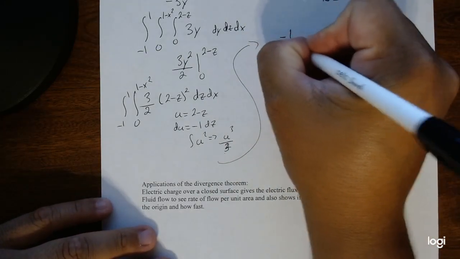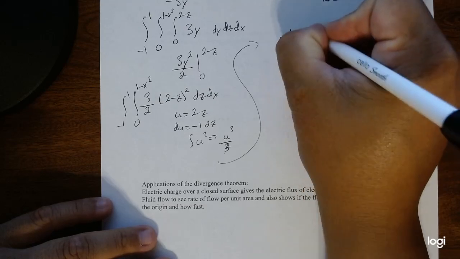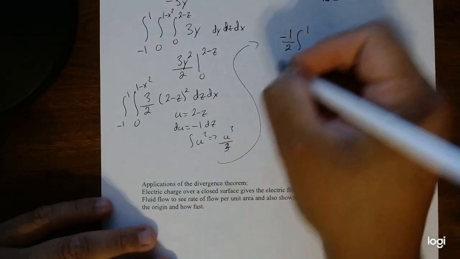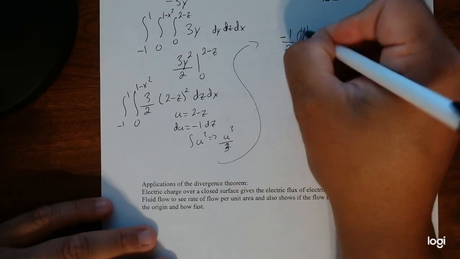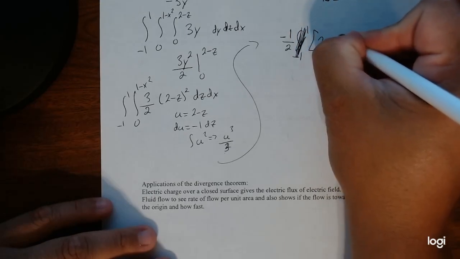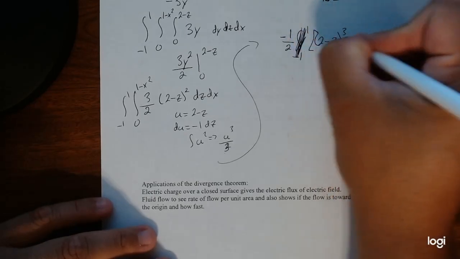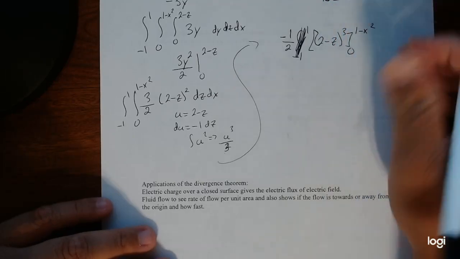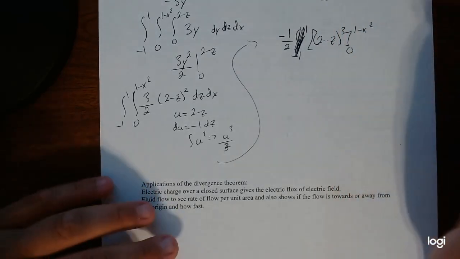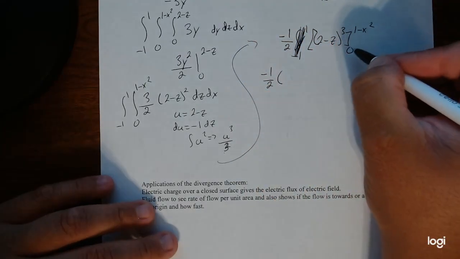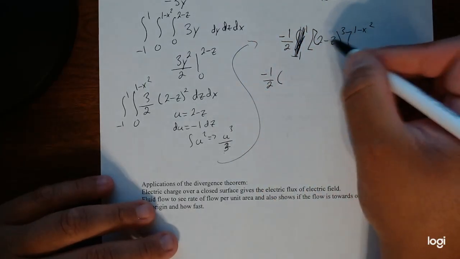So this ends up being negative 1/2 of the third power. Ooh, not done yet, right? Evaluate 2 minus z to the third power, evaluated at 0 and 1 minus x squared. So plugging all this in, if you plug in 0, you get an actual number, negative 8.